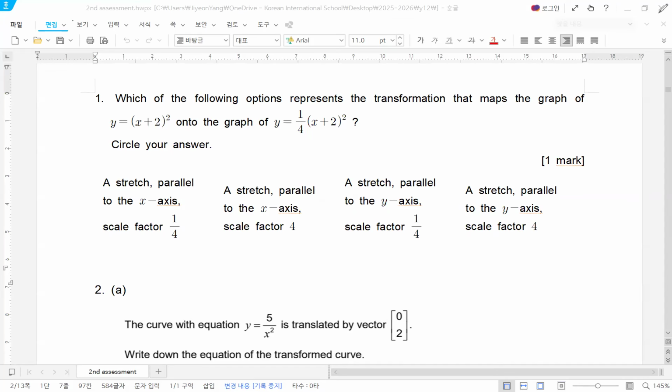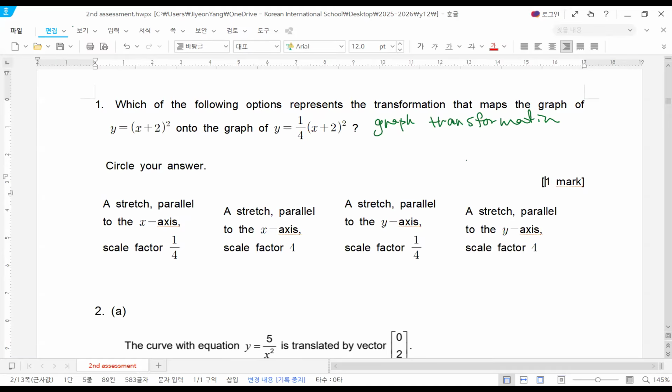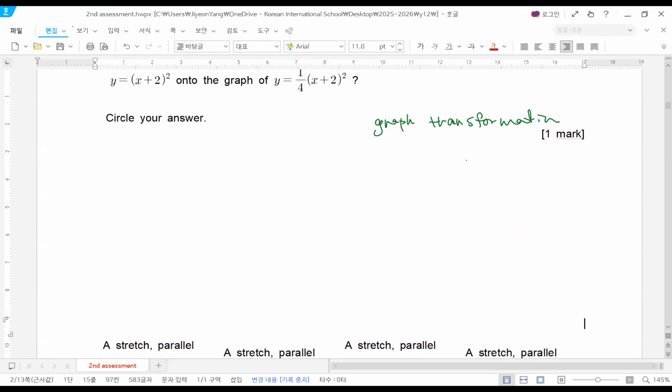Graph transformation. Okay, the first one is translation.